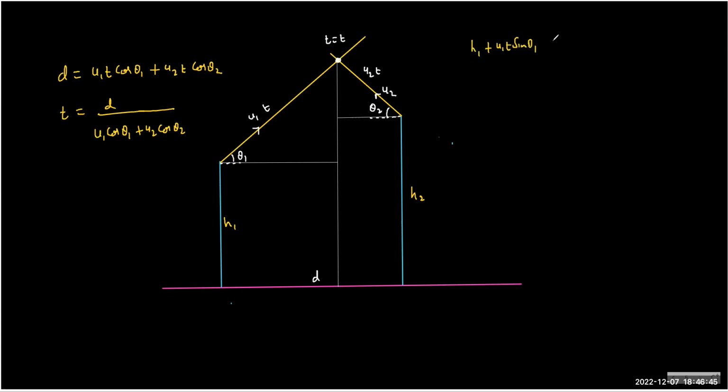This must be equal to, from the right side, H2 plus U2t sin theta 2. And let's say U1 is more than U2, definitely it should be, then only it can meet. So (U1 sin theta 1 minus U2 sin theta 2) into t is H2 minus H1, and we are done.